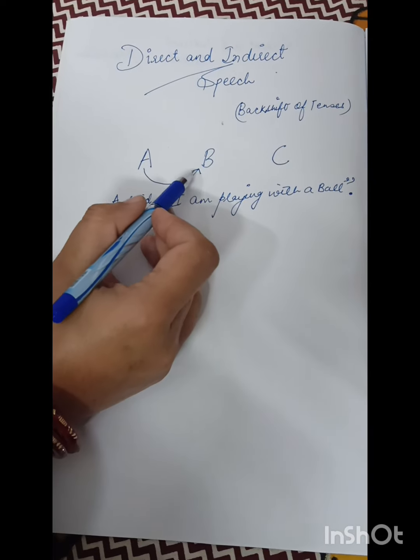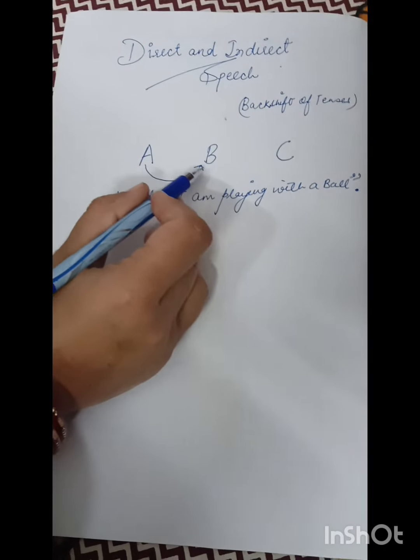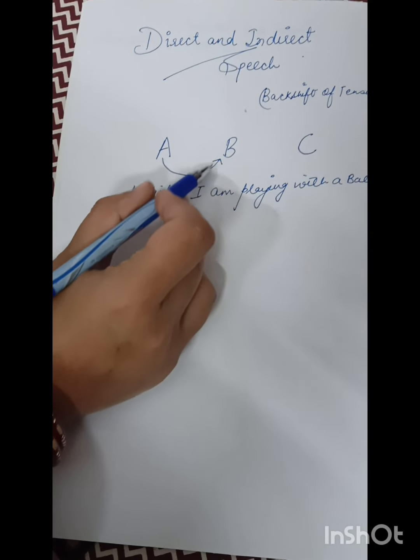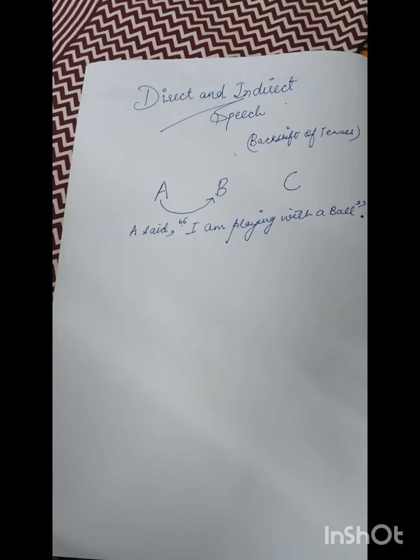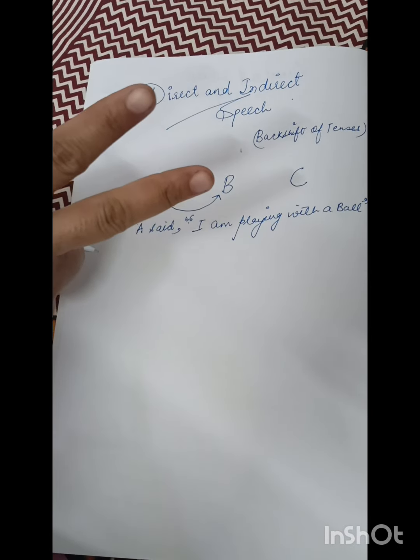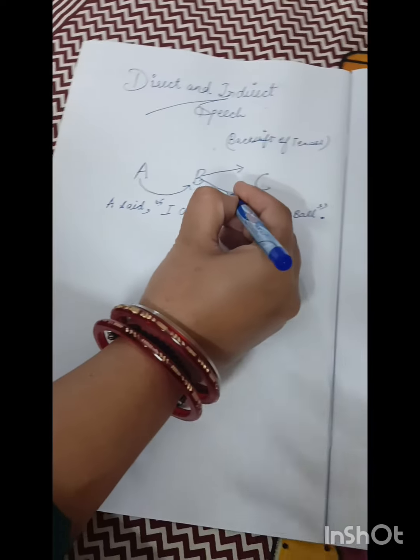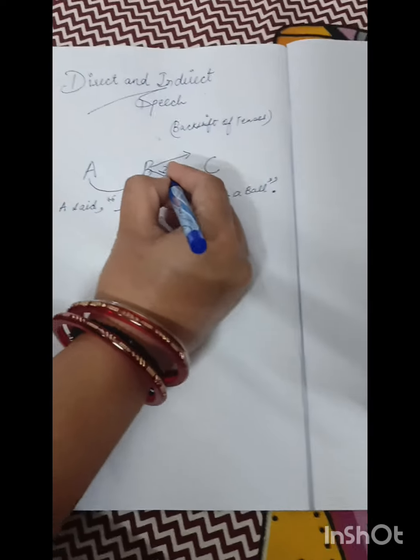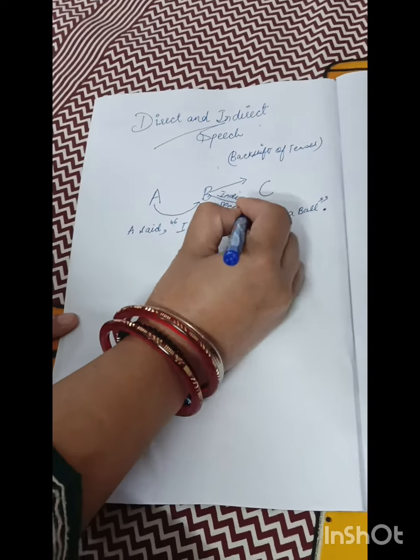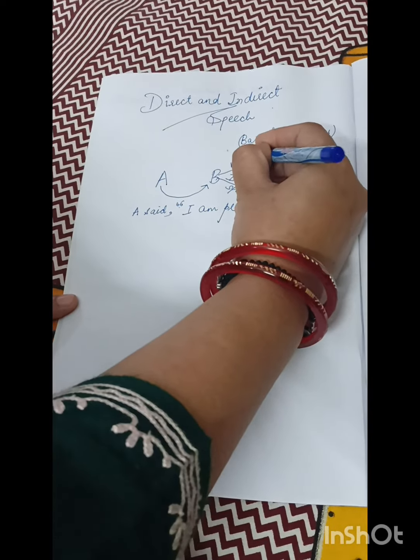Now, A said something to B, and B wants to tell the same thing to C. Now, he has two ways of conveying it. One is direct speech, and the other one is indirect speech.